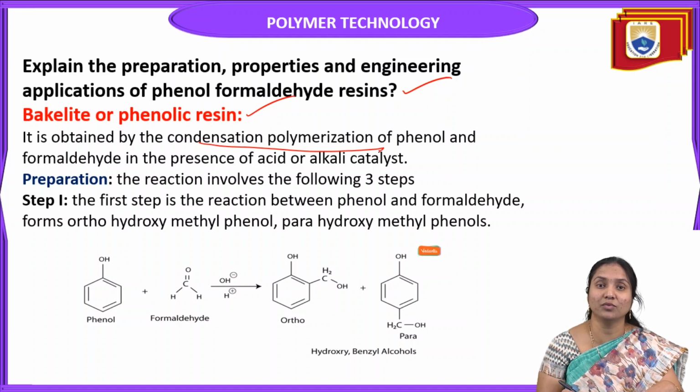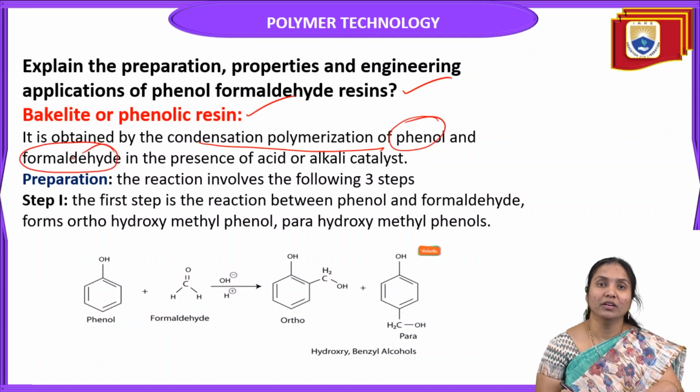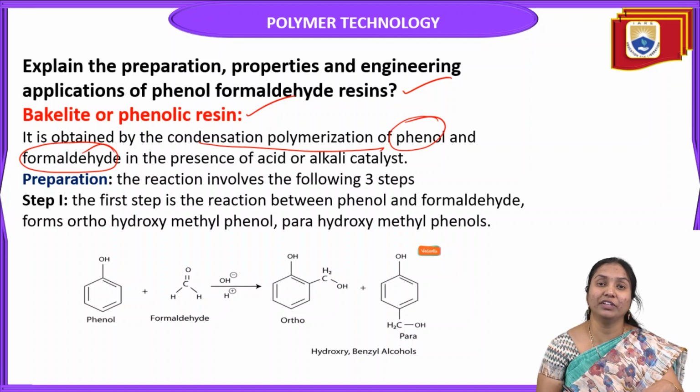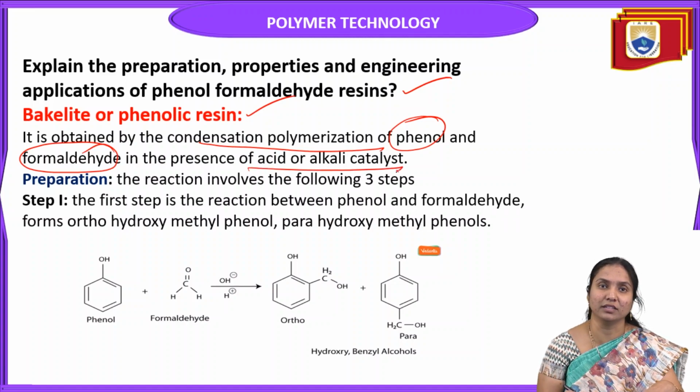Just now we discussed what condensation polymerization is: it is formed from functional groups of monomers, eliminating byproduct. This bakelite is prepared by the condensation polymerization of phenol and formaldehyde in the presence of acid or alkali catalyst.